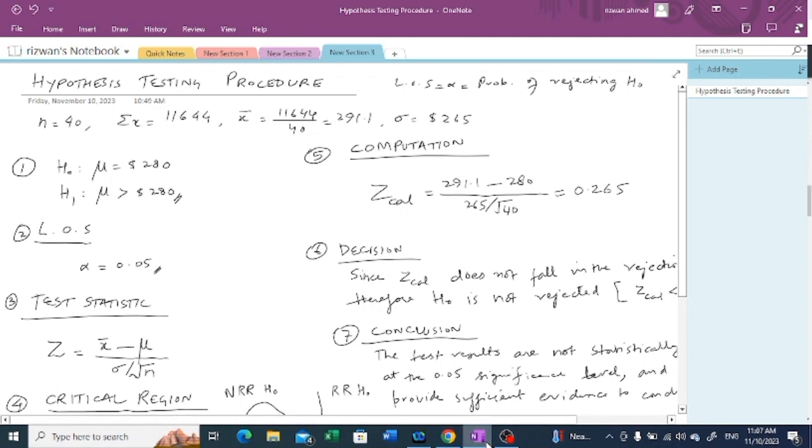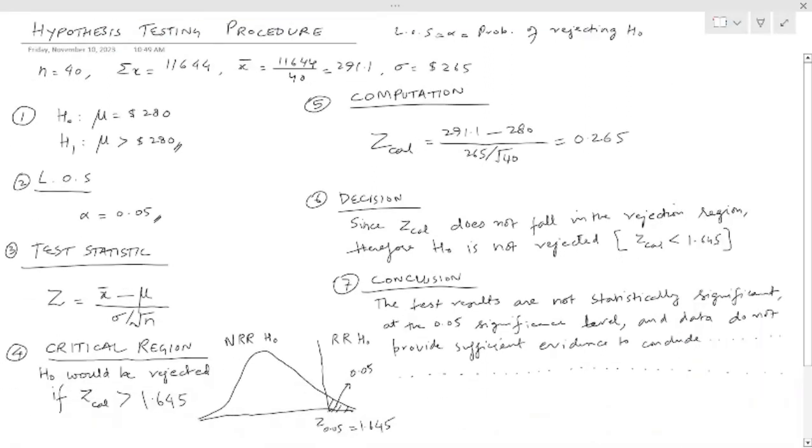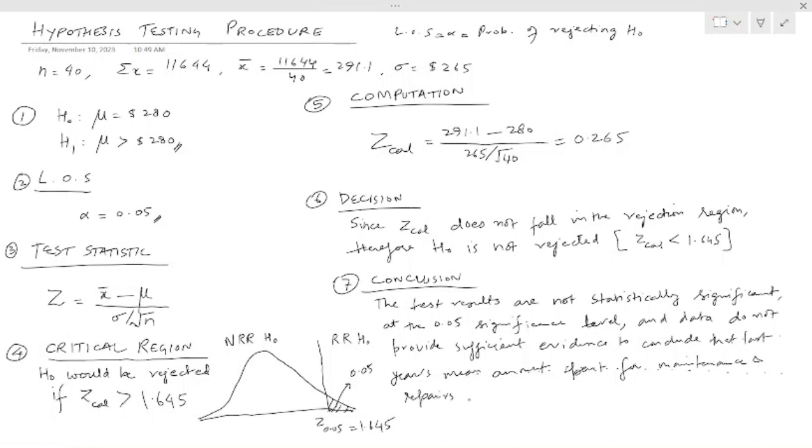So I am writing down the same statement over here: to conclude that last year's mean amount spent for maintenance and repairs has increased from the 1983 mean of $280.